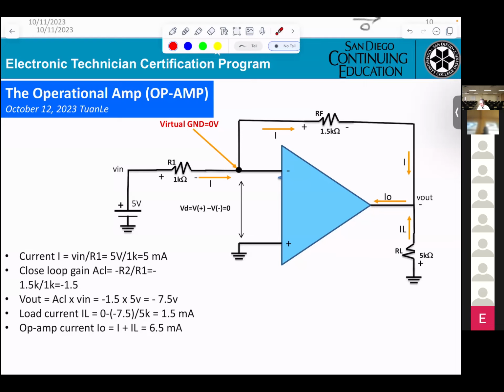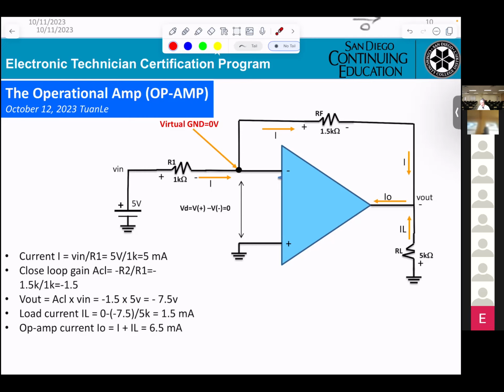Any question for the inverting amplifier? If you see the picture, you can understand. So if you get here, that means you really understand the inverting amplifier.